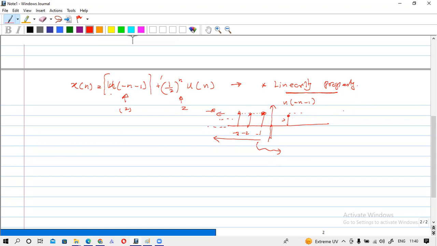Definitely, we can find the expansion. We have to use our common series expansion, that is 1 plus a plus a square plus a to the power 3 equals 1 by 1 minus a, where a should be less than 1. You can use this expansion to evaluate this one.